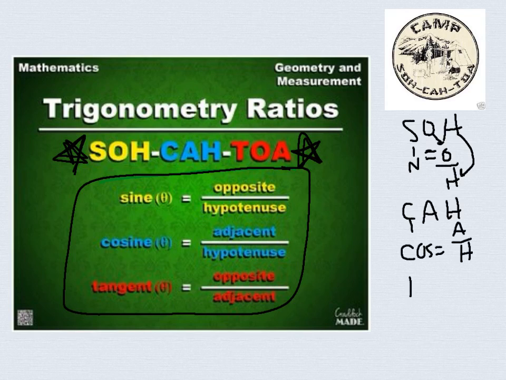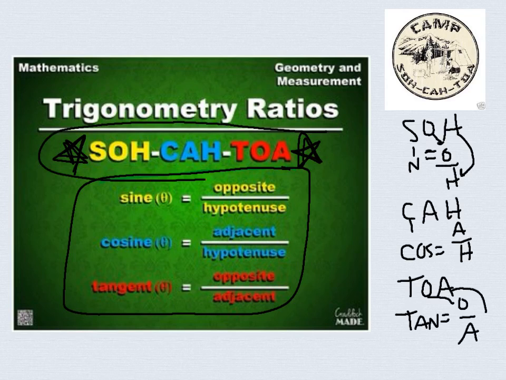And then the TOA would be tangent equals opposite over adjacent. So if you can memorize the acronym SOHCAHTOA, then you'll remember the ratios in the order that they go in. SOHCAHTOA will tell you where to go.